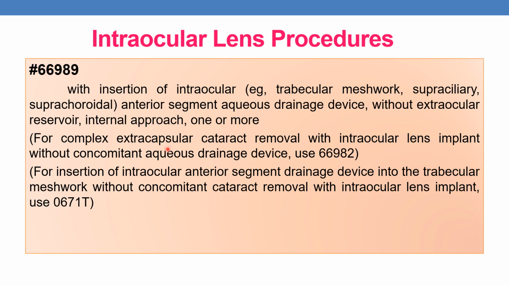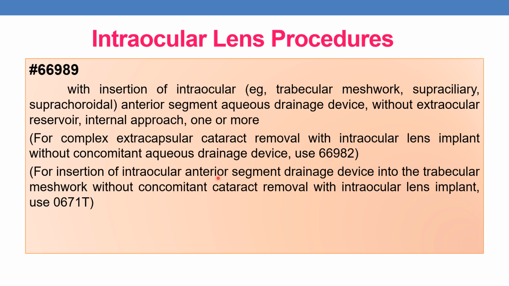And for complex extracapsular cataract removal with intraocular lens implant without concomitant aqueous drainage device, this is with the aqueous drainage device. Here, without aqueous drainage device, the CPT is 66982.